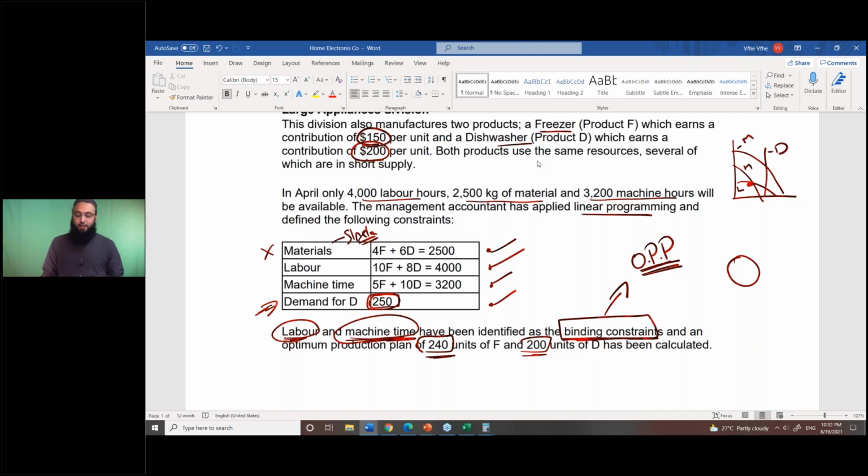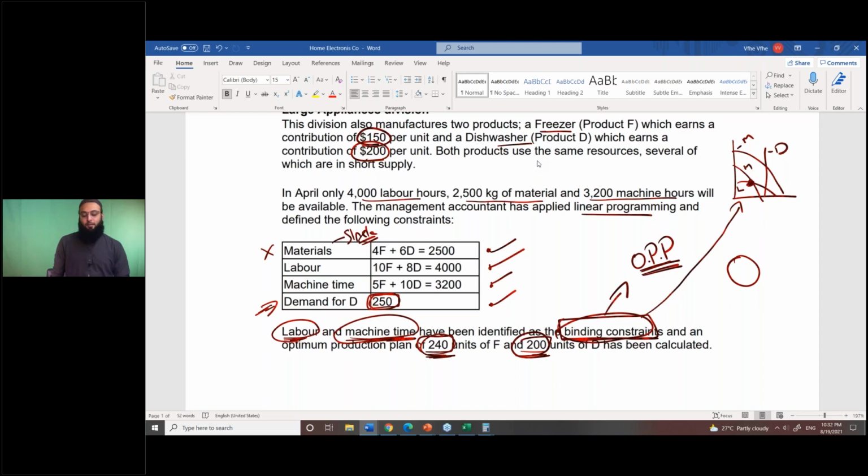These other two lines are the ones where the optimum answer is not there, because binding constraint means these two are the ones where the optimum point is. And on the basis of these two, you have these answers as well. So the other two lines where the optimum answer is not available, there will be slack.